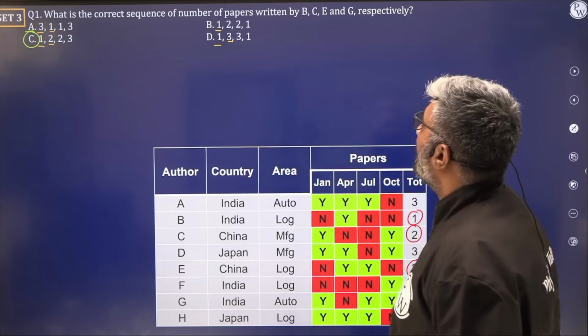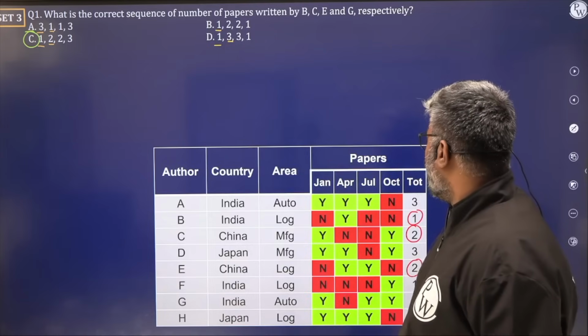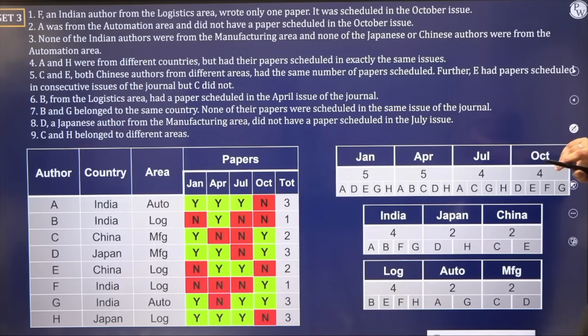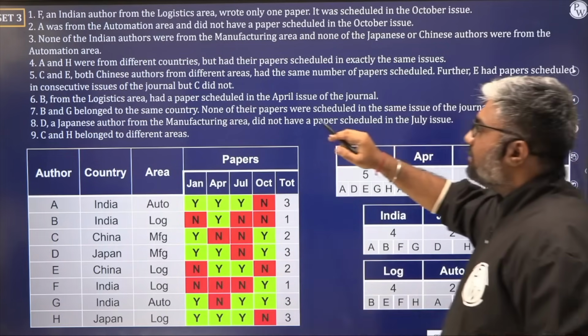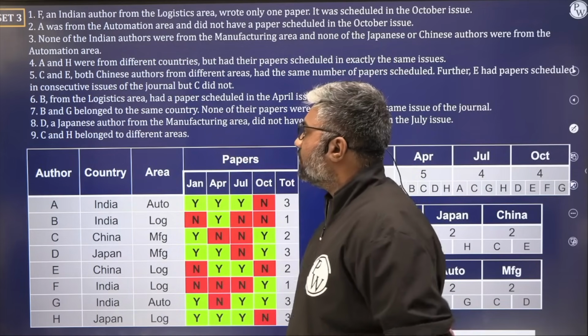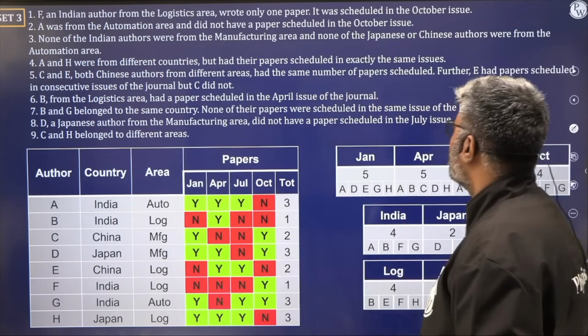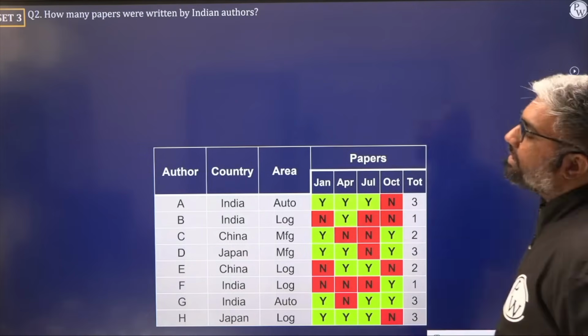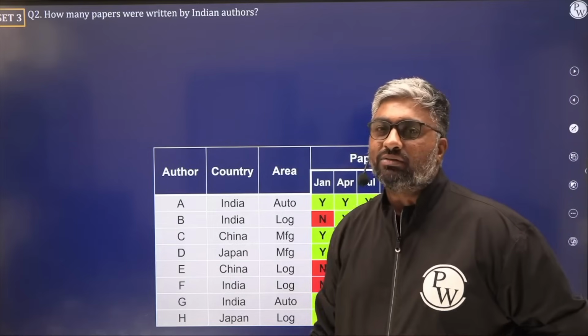Between B being 3 and B being 1, I think somewhere it was said directly about B, was it that B is from India? No, it was said that B had a paper. We don't know if we had only one paper. So that could have been a little risky, but we could have taken that risk, I think. But anyway, now that we have made the bay, let's not talk about that.